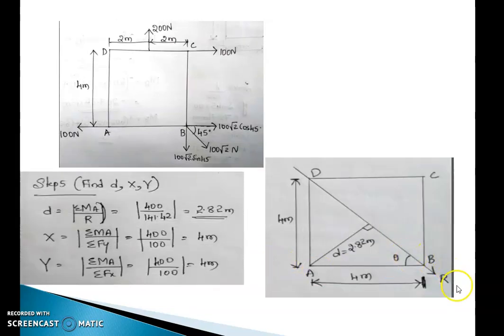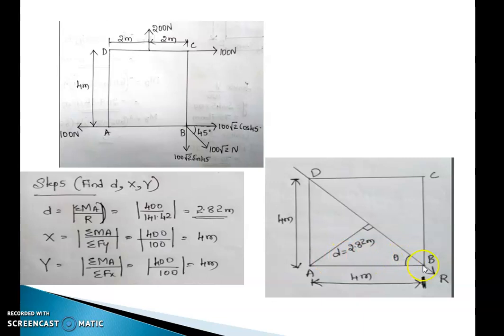R is 141.42, this is my theta, and D we got as 2.82 meter. D is the perpendicular distance between the moment center, that is A, and the resultant. So D equals 2.82 meter, and the x-intercept is 4 meter from moment center A, and the y-intercept is again 4 meter from the point A.